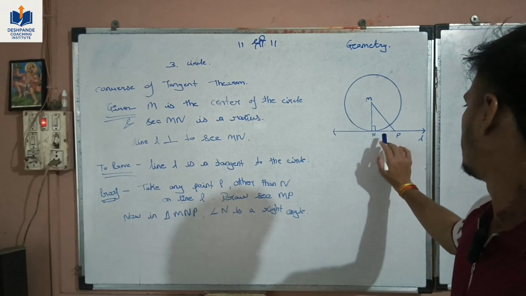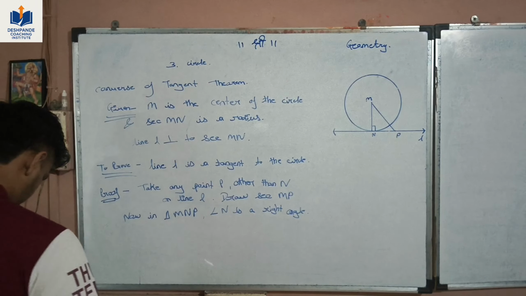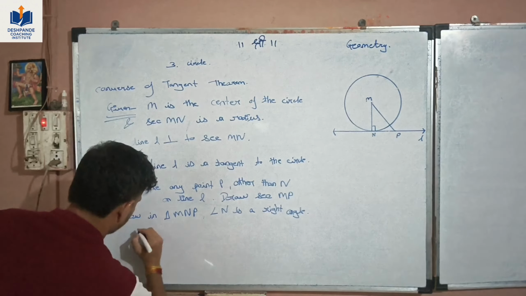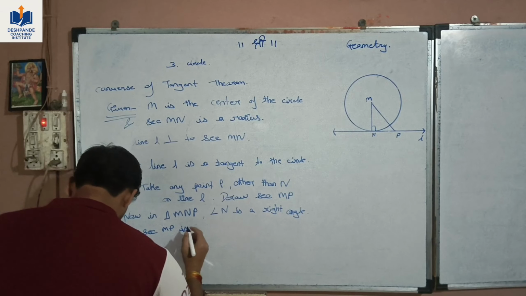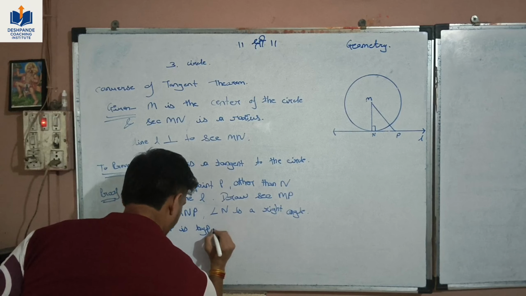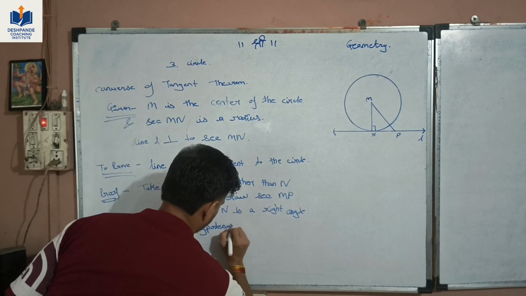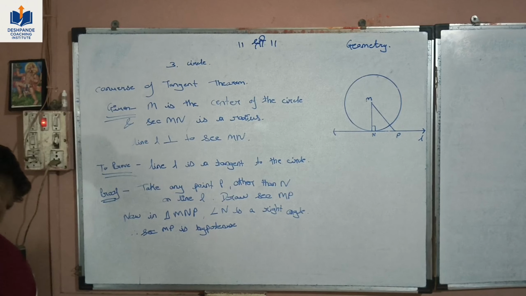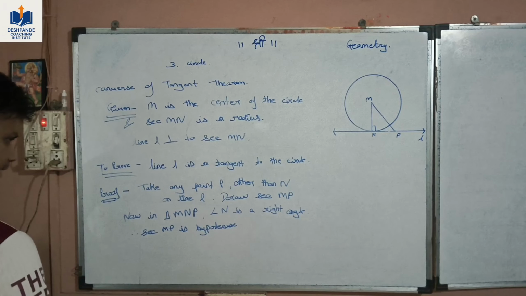When MN is perpendicular, N will be the 90-degree angle. So MP will be the hypotenuse.